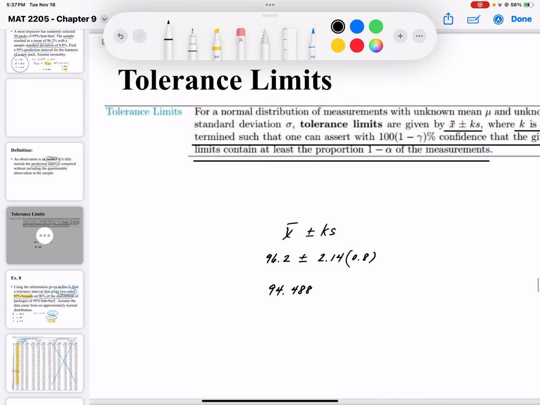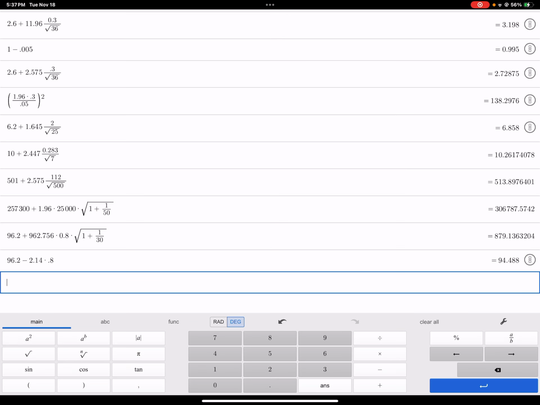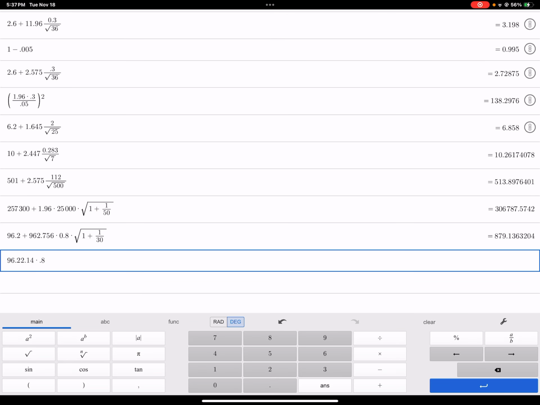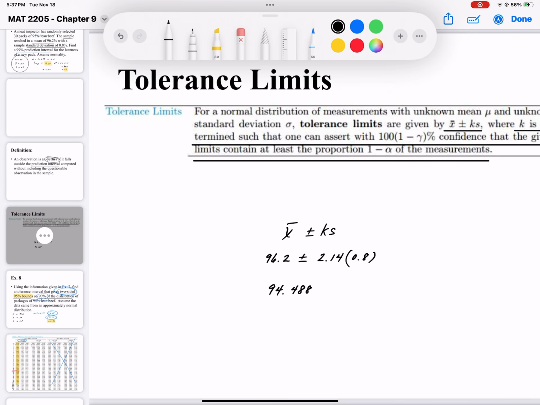And our upper bound, just put a plus there, 97.912. And that's it for this one. So that's how to get our tolerance intervals based on the values that we have there. All right, let's go on.